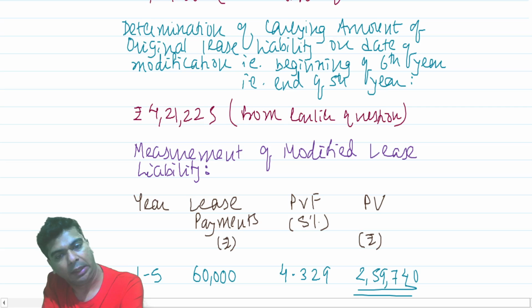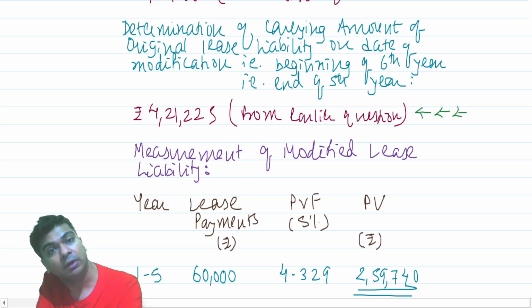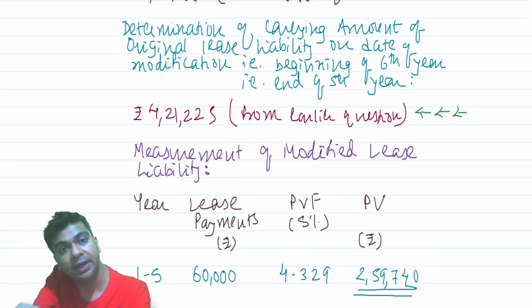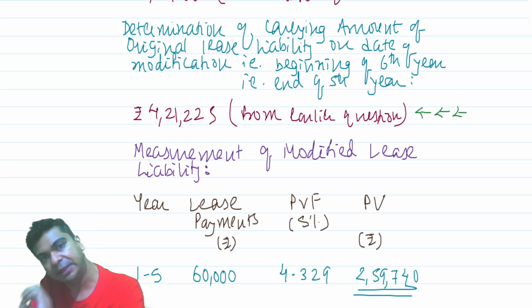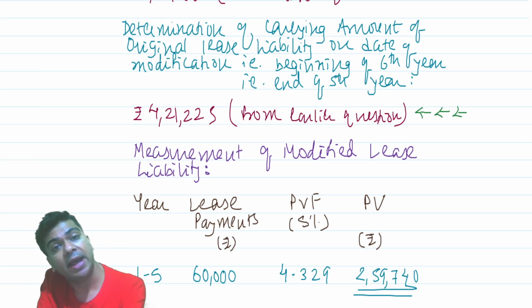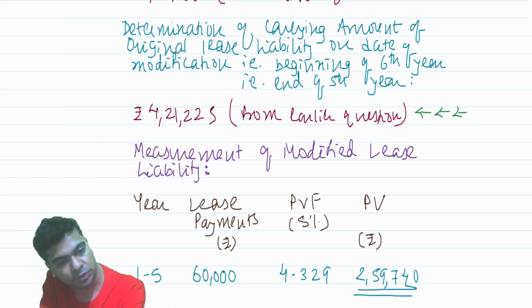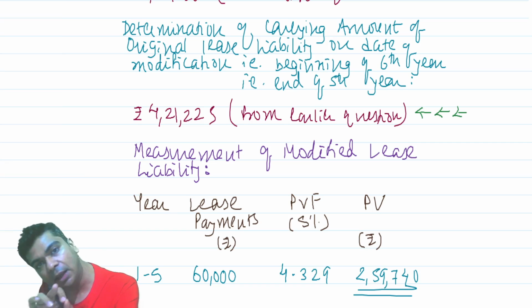See. Your original lease liability is 4,21,225. This 4,21,225 is reflecting your liability for 5,000 square meters. Now my liability should be only for 2,500 square meters. So 50% of the lease liability should be de-recognized.